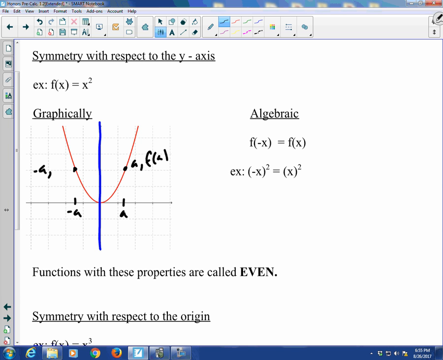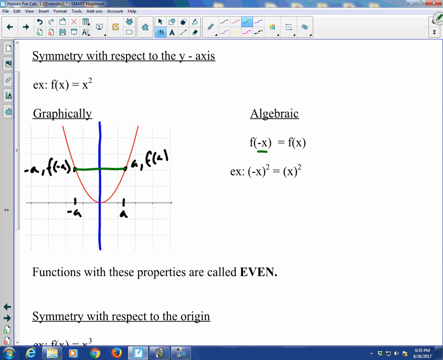So this would be negative a and f of negative a, because really we're plugging in negative a there. And what we can see is that f of a and f of negative a are actually the same y value.